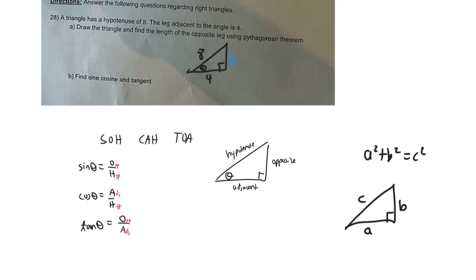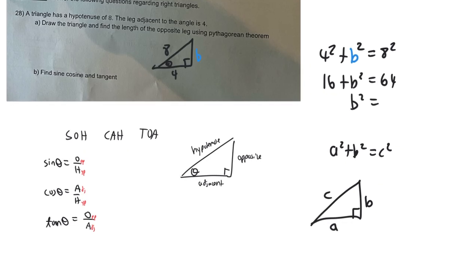And therefore, it would be 4 squared plus b squared equals 8 squared. Okay, what is that? 16 plus b squared equals 64. B squared equals 64 minus 16. That would be, I guess, 48? I think so.